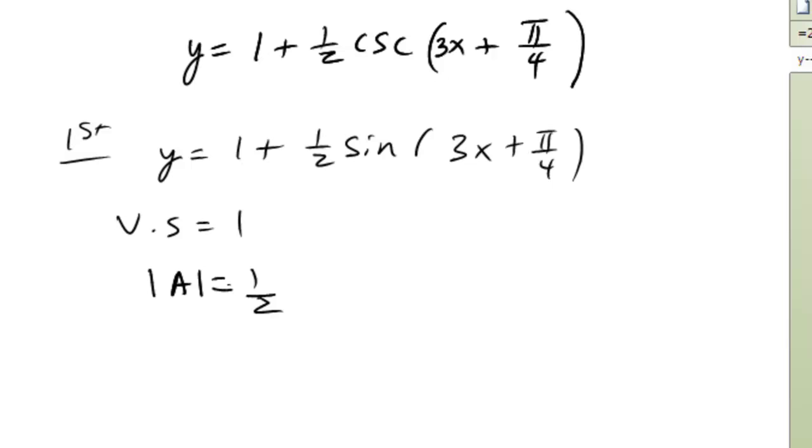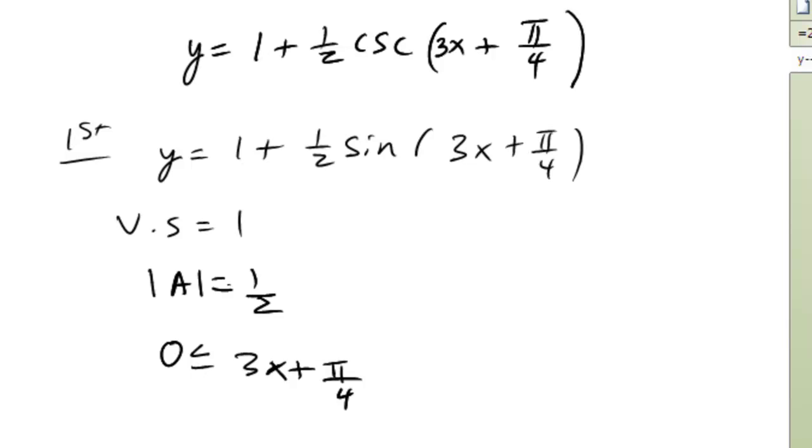Alright, then we want to figure out where our cycle starts. So I set up the inequality 0 less than or equal to 3x plus pi over 4, and I solve that for x.